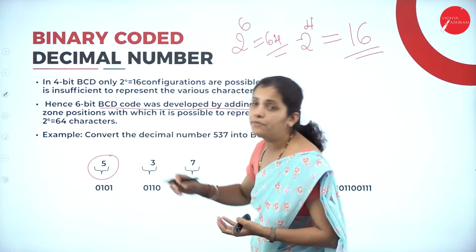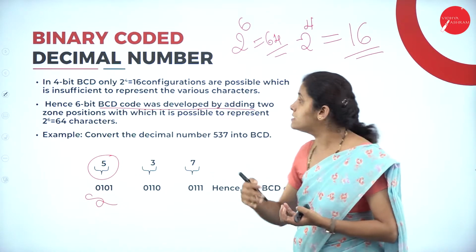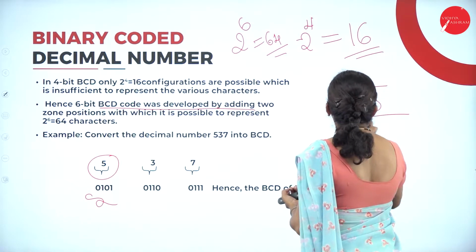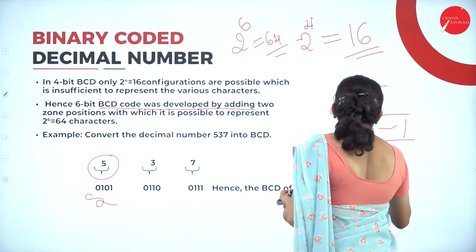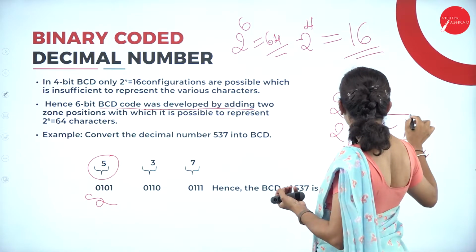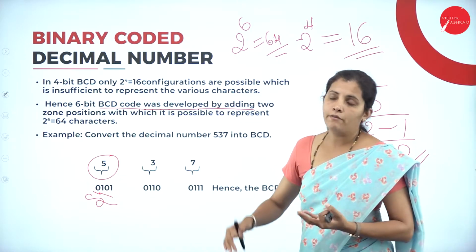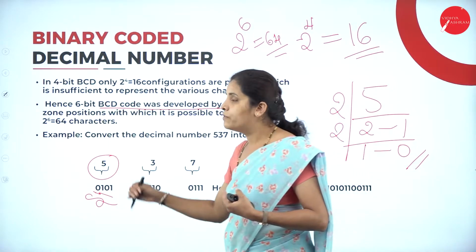So to represent 5, I'm going to use 4-bit. What is the binary representation of 5? That is 5 divided by 2. 2 2s are 4, 1 remainder, 2 1s are 2, then 0 is remainder. So that is 101. Here it is BCD number, so I want to use 4-bit.